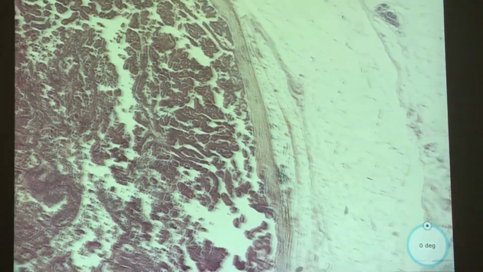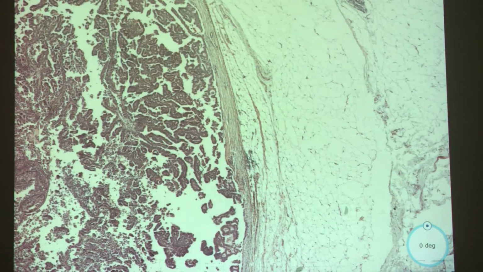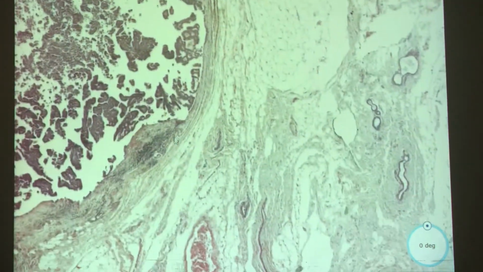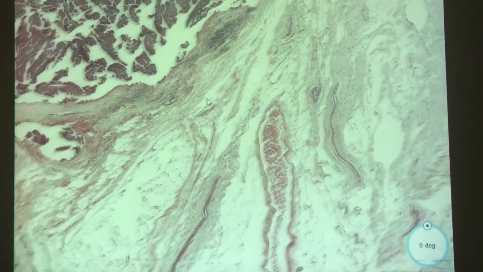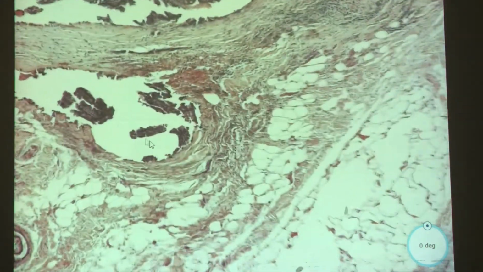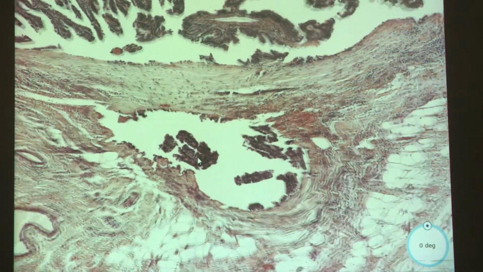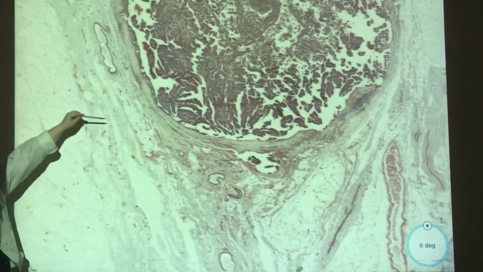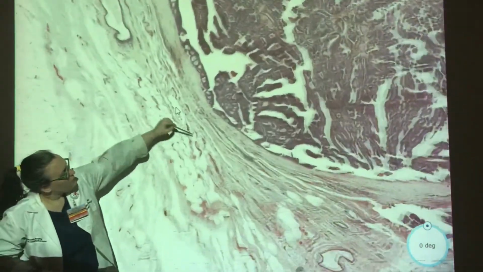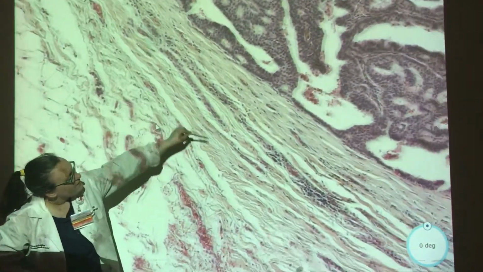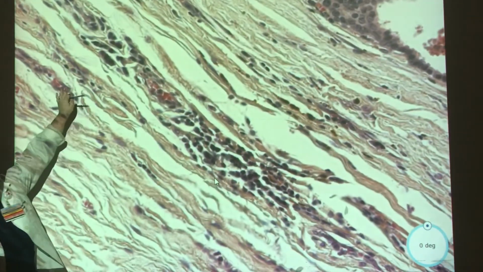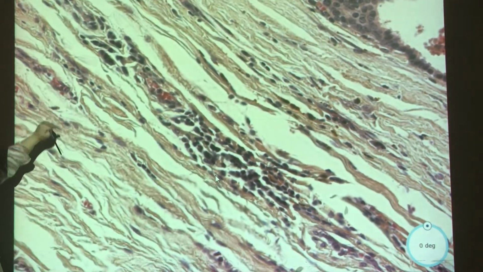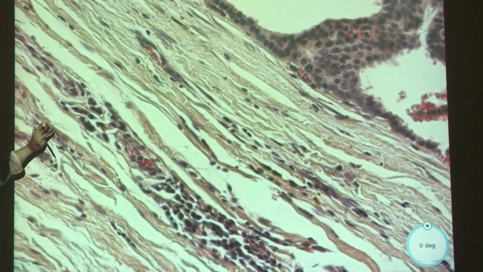So if we're looking for invasion, then it means it has to invade. So I'm assuming somewhere there should be invasion, and there is some tumor out here. Okay, what do you have here? It's going all the way around. Oh, wow. Okay, so these are tumor cells?